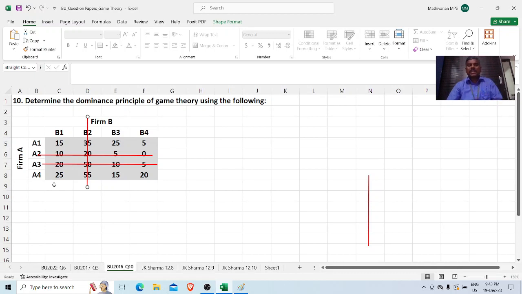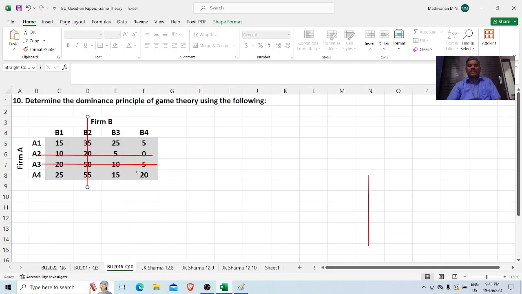That means the loss for firm B is 25 points. And when firm B uses the third strategy, the loss is 15 points. So which is the better strategy? In the first case, B1 is the better strategy, and in the second case, B3 is the better strategy. That means we cannot conclude B1 or B3 is dominating each other.